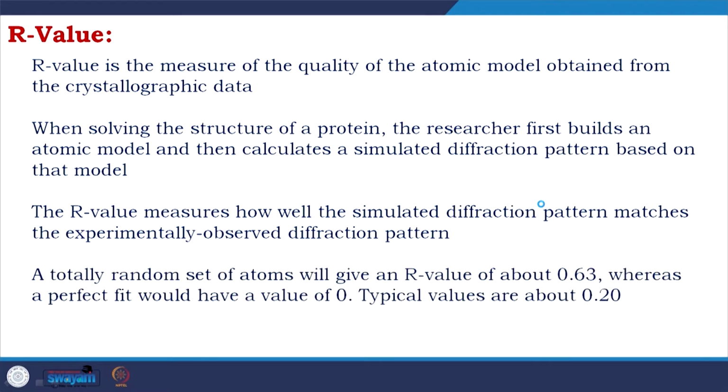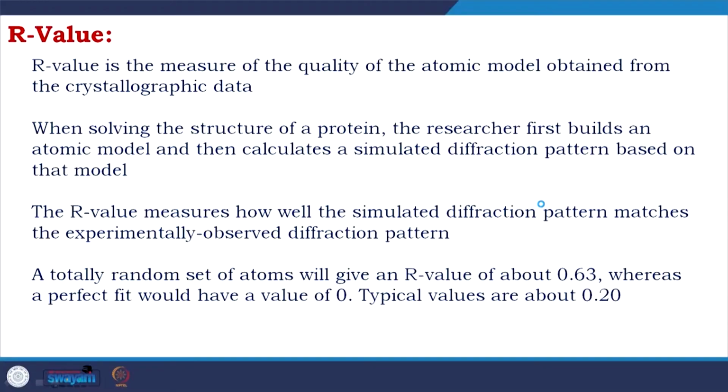A totally random set of atoms will give an R value of about 0.63. If you go back to the last class's slides, when we were doing molecular replacement, the R value was coming around 0.6 to 0.7. So, that is what a totally random set of atoms gives, whereas a perfect fit would have a value of 0.